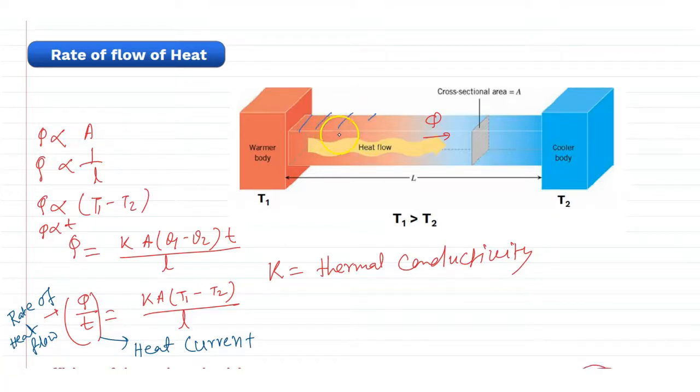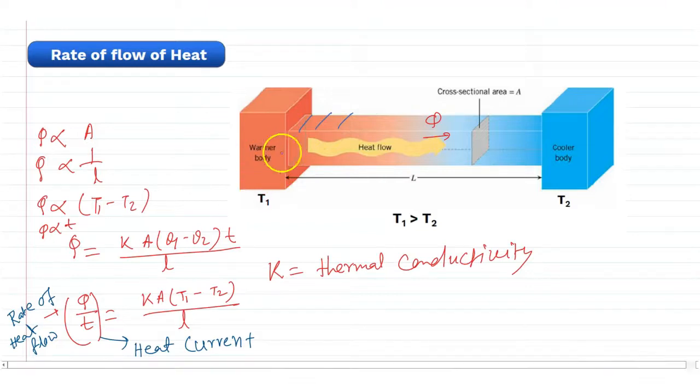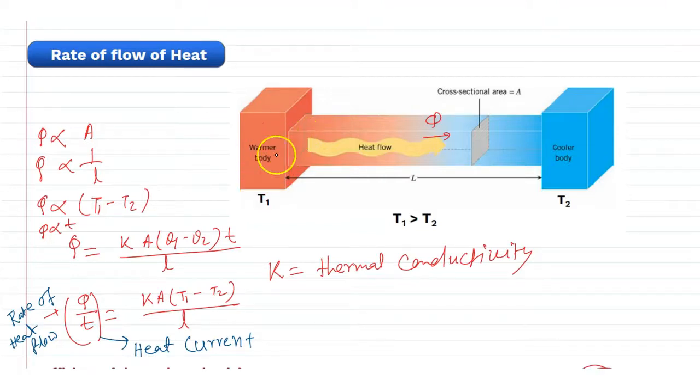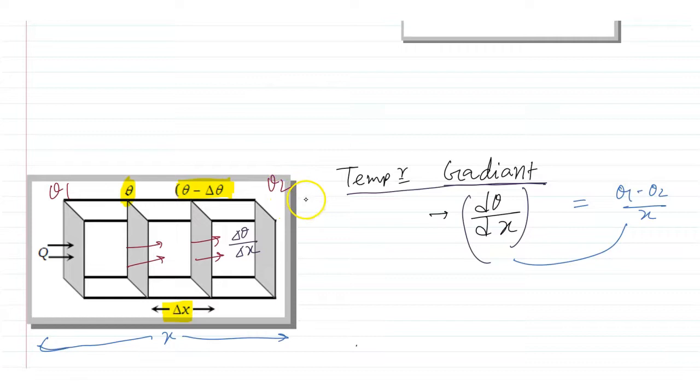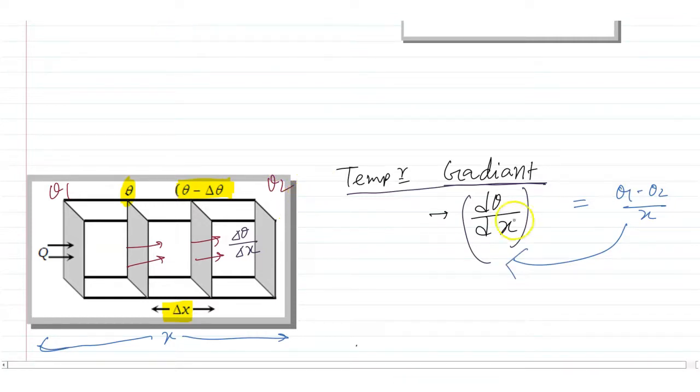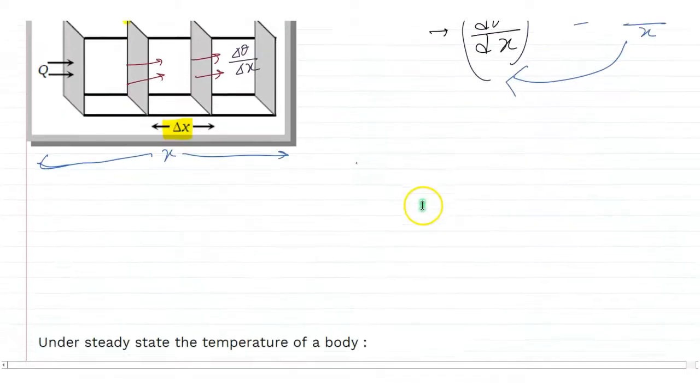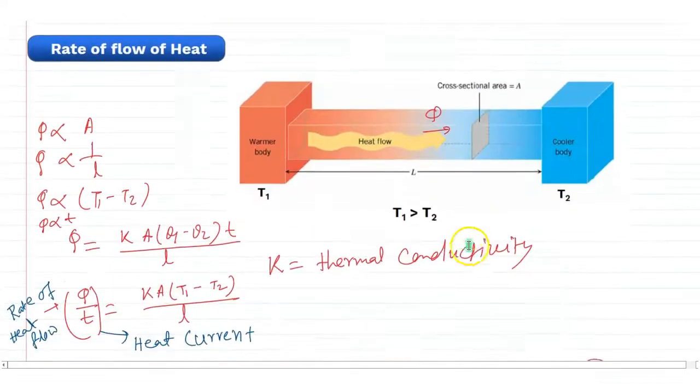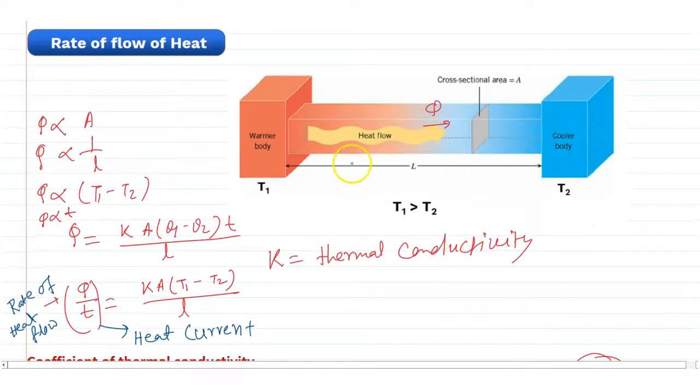A warm body is taken on one side of the conductor, and a cold body is taken on the other side of the conductor. So heat is coming from the warm body to the colder body, flowing through the conductor. So the amount of heat flowing is Q in time t.